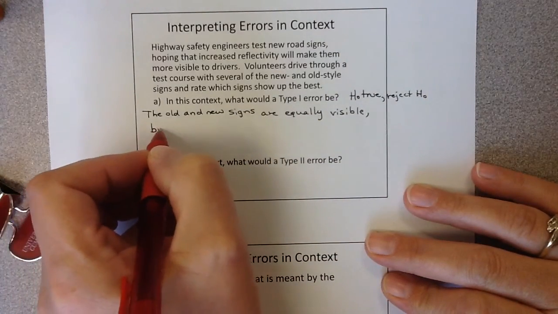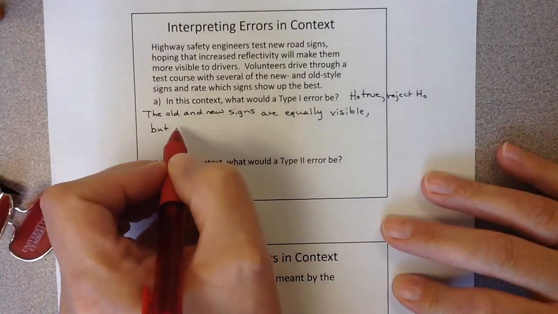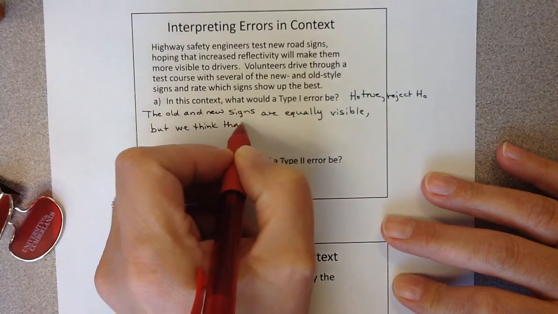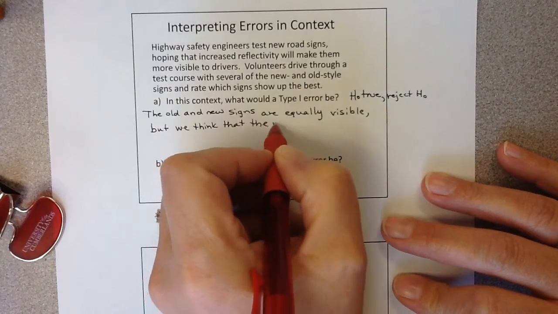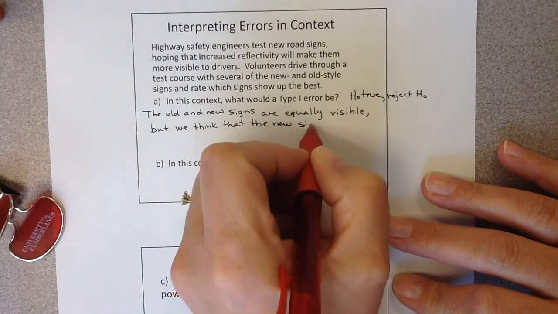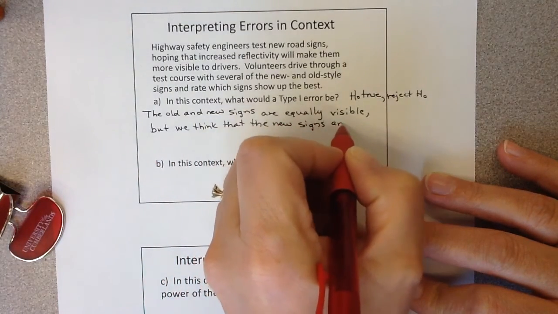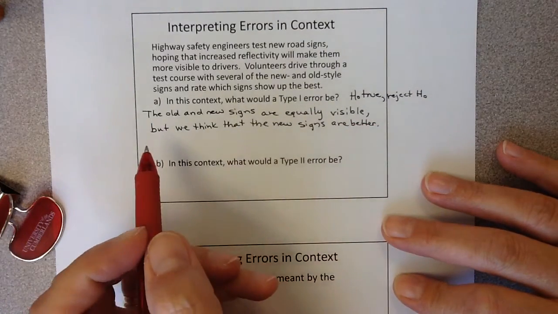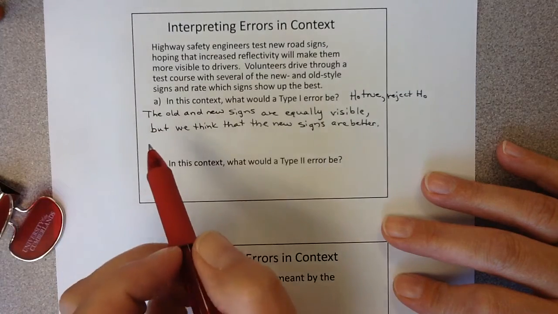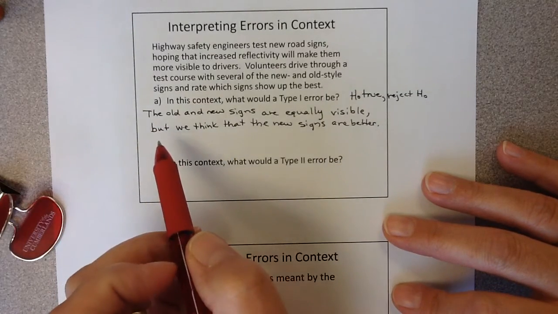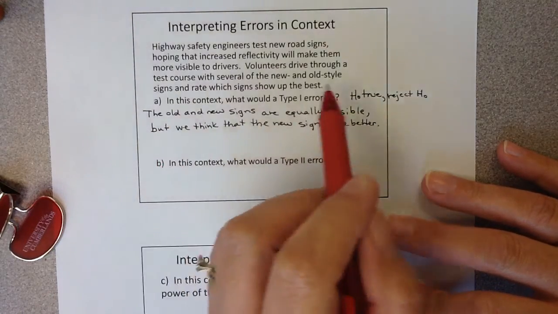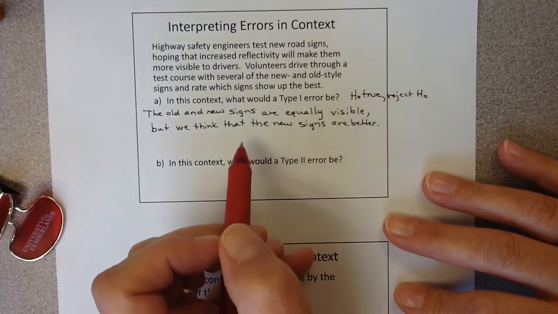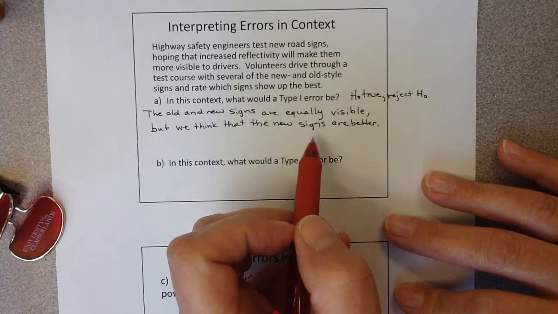But we think that the new signs are better. Now, just to kind of expand this to one more thought, the cost of this error would be that we think we've got some good new signs.